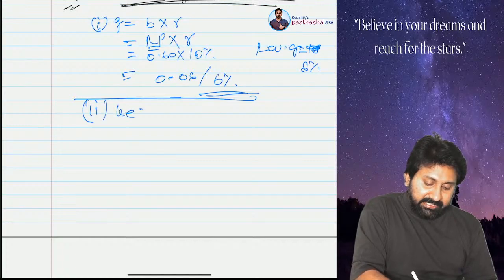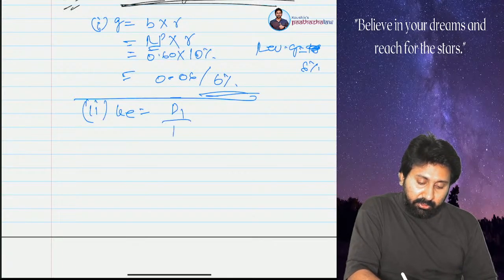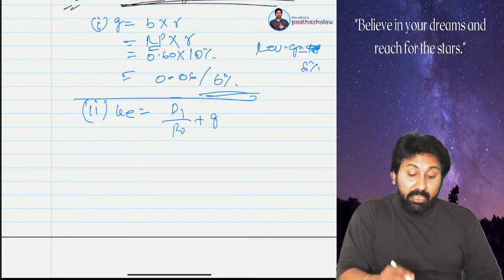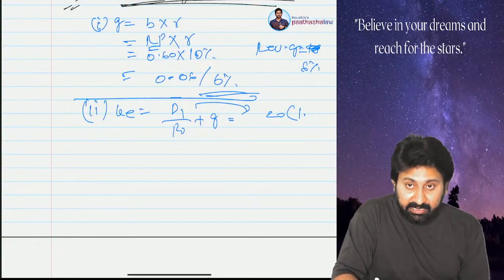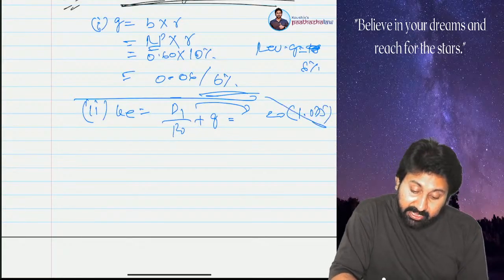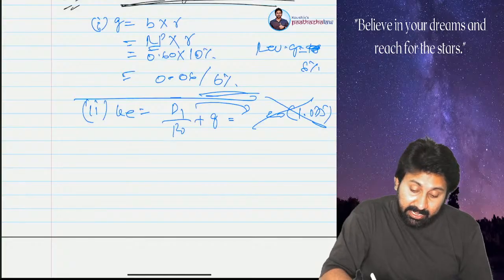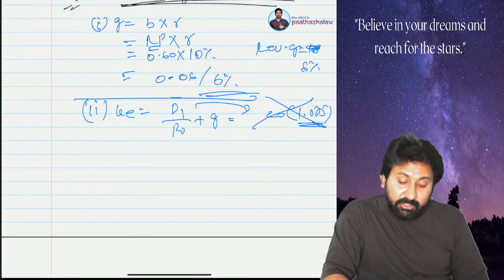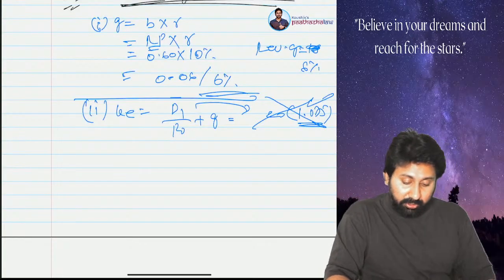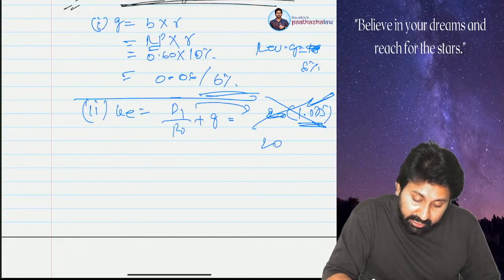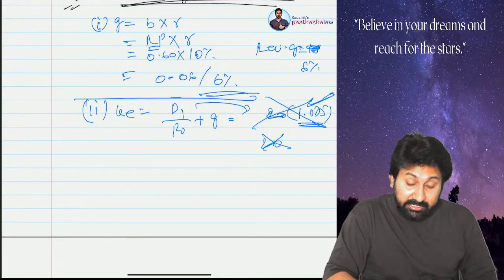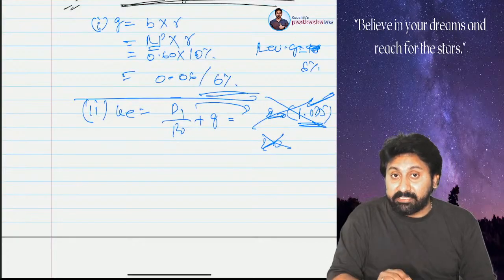We want the revised KE. KE equal to D1 by P naught plus G. If you take 20 into 1.075, this will be wrong, because 1.075 is built on the old growth. And 20 also you should not take, because 20 is not as per 60% retention.